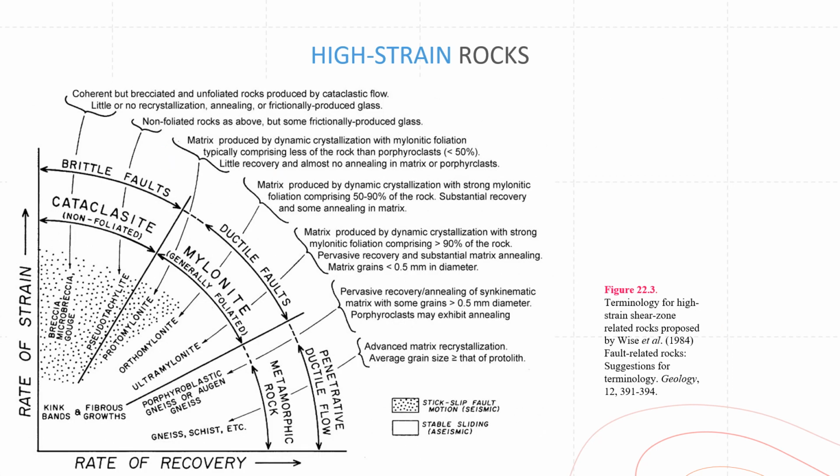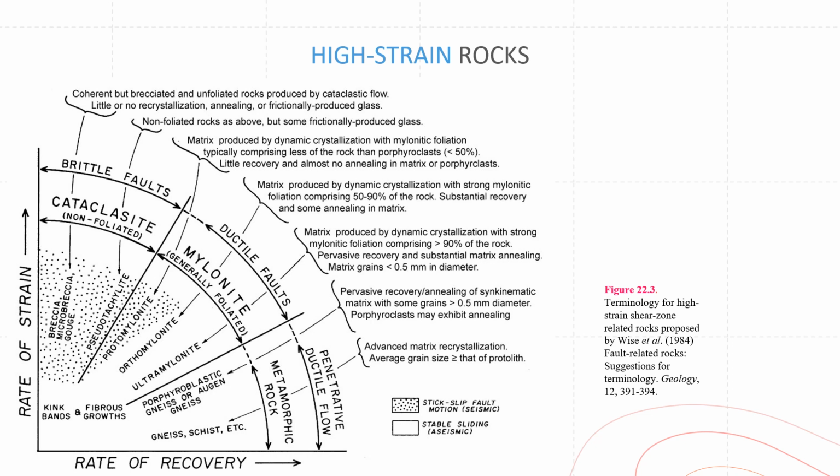So in the past two examples, we've had a look at table 1, which shows how you would name high-strain rocks based on the observed textures. In the figure that followed, we had a look at the relationship between depth and the different types of rocks.